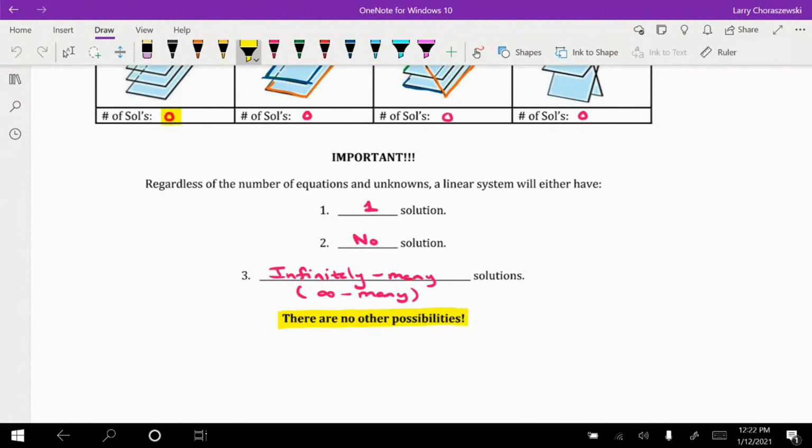And this is not saying that a system can have only 100 solutions, because if you have 100 solutions to a system, there are infinitely many to it. So when it comes to systems, no matter how chaotic and humongous they might look, you can always bank on there being 1, 0, or infinitely many solutions to that system. And there are no other possibilities.